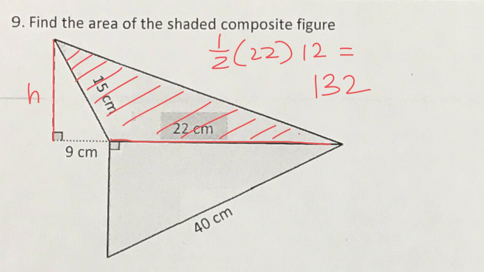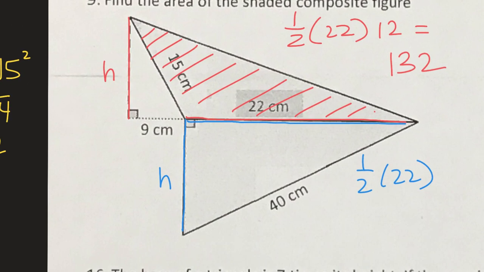And now we do a similar exercise to find the bottom. The bottom has a base of 22, and we have to calculate the height by using the Pythagorean theorem. So h squared plus 22 squared equals 40 squared.